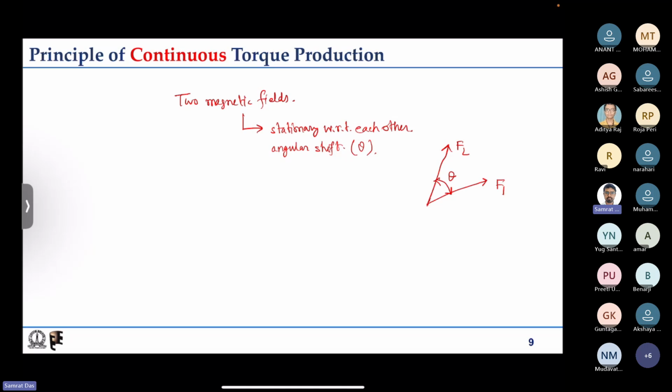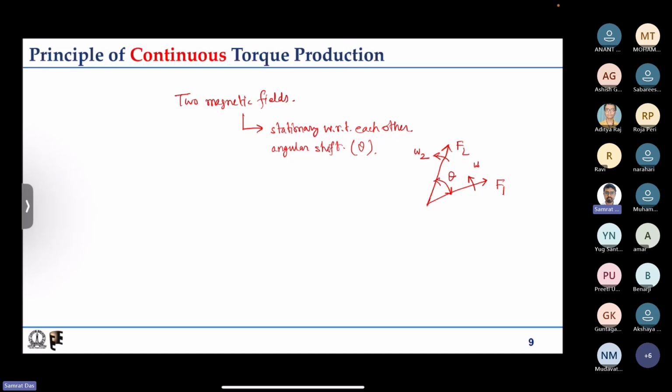We discussed that there are basically two possibilities that we can have. If this field is rotating with respect to a stationary observer at some angular velocity omega 2, and this is rotating at some angular velocity omega 1.